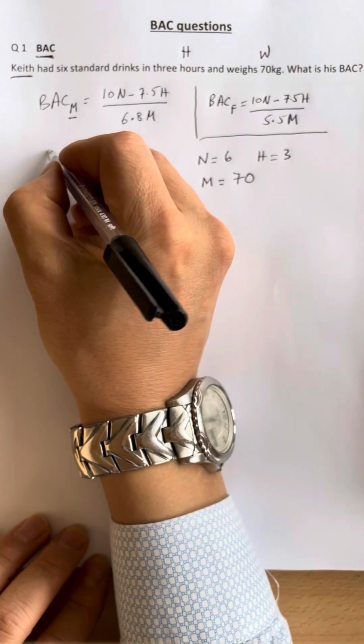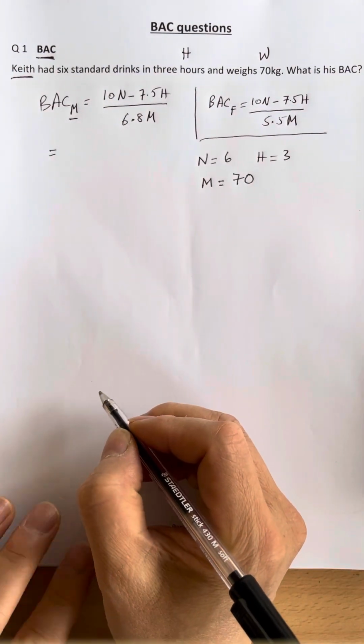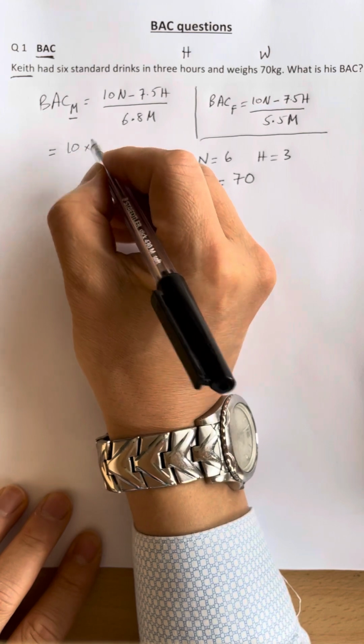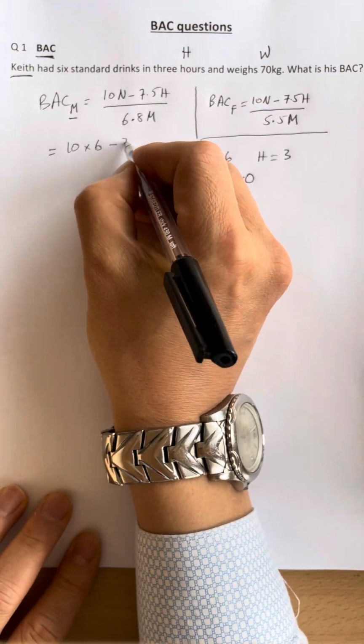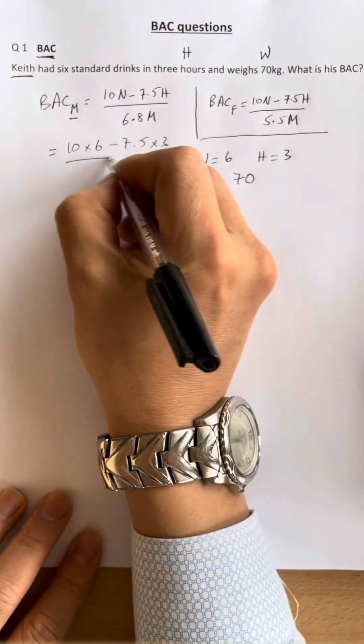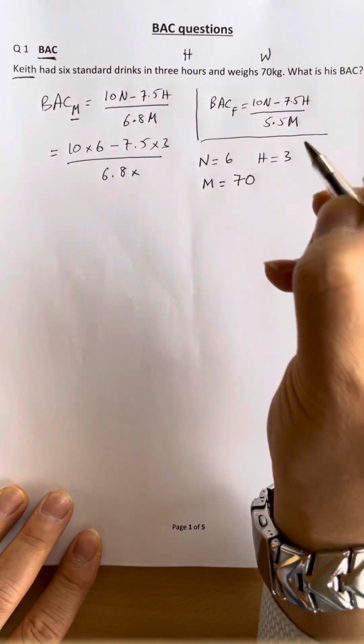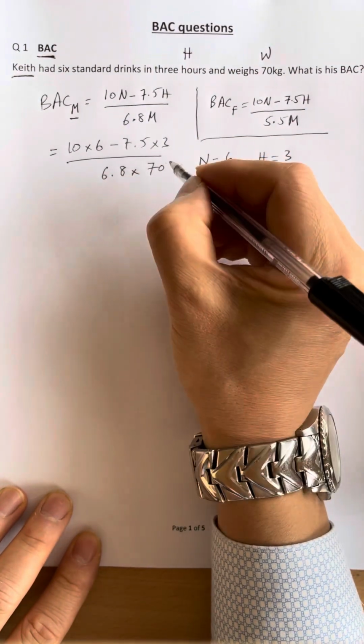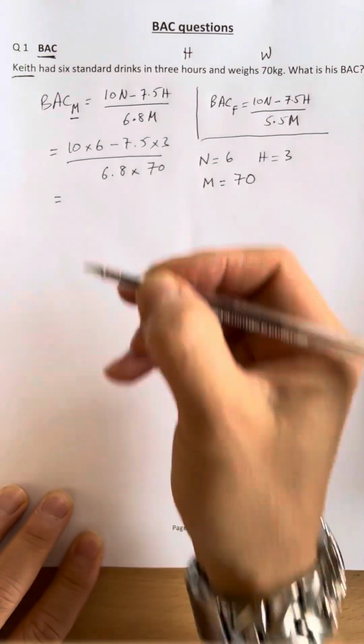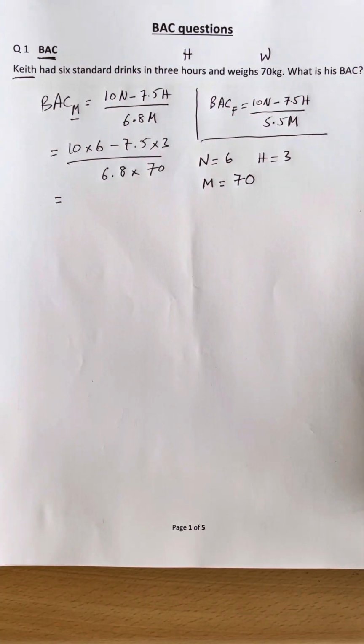Then you substitute those numbers into the equation. So then there's 10 times 6 minus 7.5 times 3 divided by 6.8 times 70. And then you get a calculator and you put those numbers in.